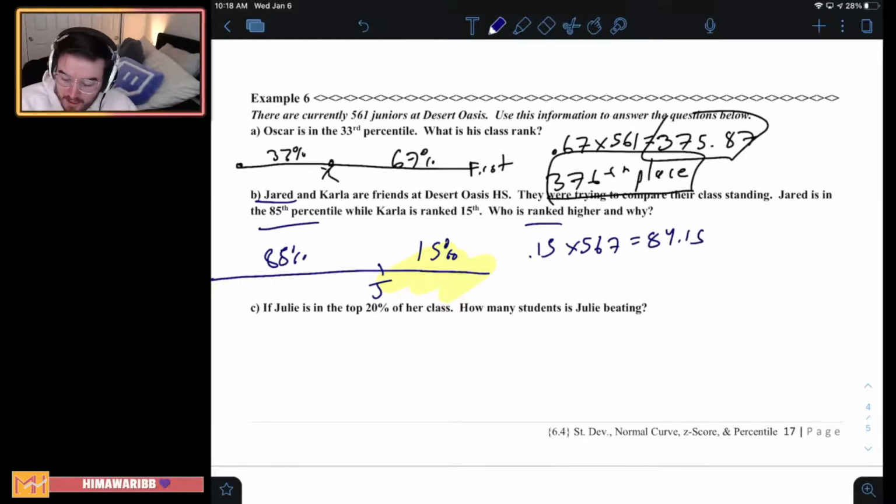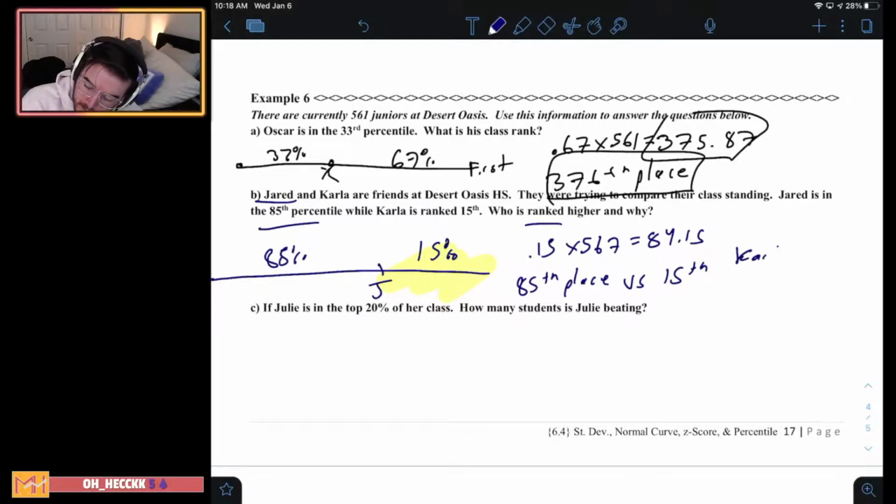So he's in like 85th place. If 84 people are ahead of him, he's in like 85th place, versus Carla, who's in 15th place. So Carla wins.